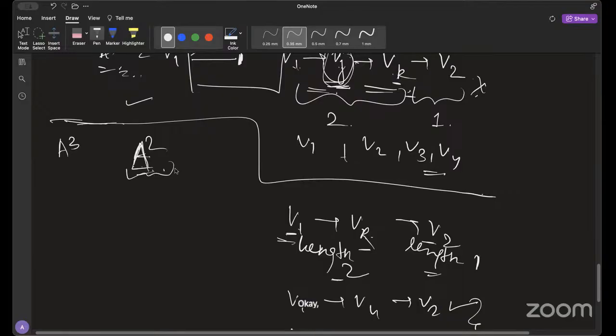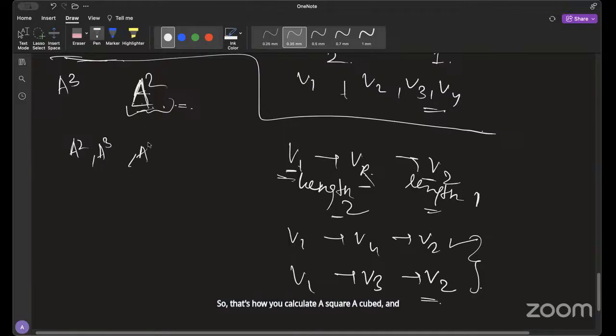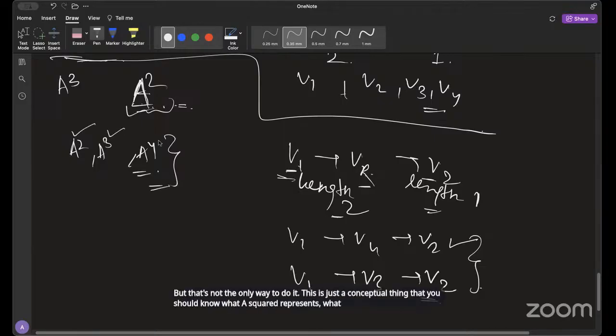Okay, if that's what we're trying to do, transitive closure, we'll just come to that in a second. Give me 1 minute. So that's how you calculate a square, a cube, and a to the power 4. But that's not the only way to do it. This is just a conceptual thing that you should know what a square represents, what a cube represents, what a^4 represents.